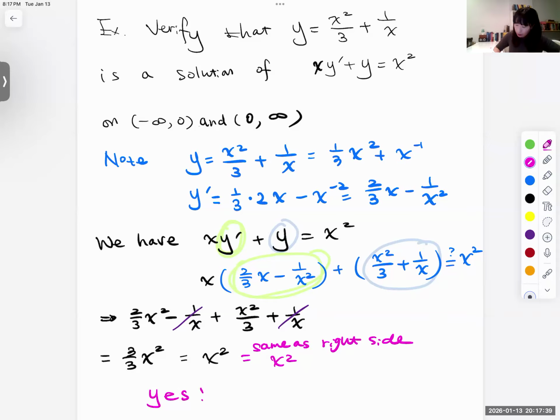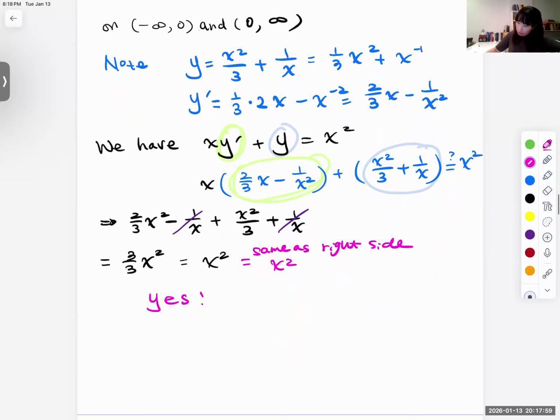So yes, we can say that y equals x squared over 3 plus 1 over x is the solution of that differential equation on the open interval. Make sense?